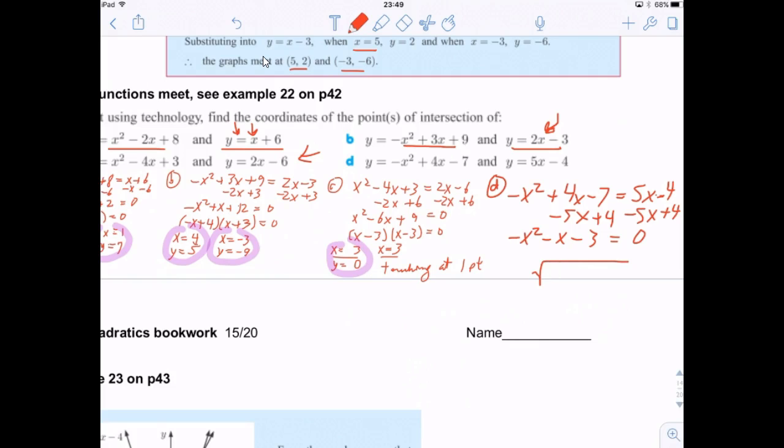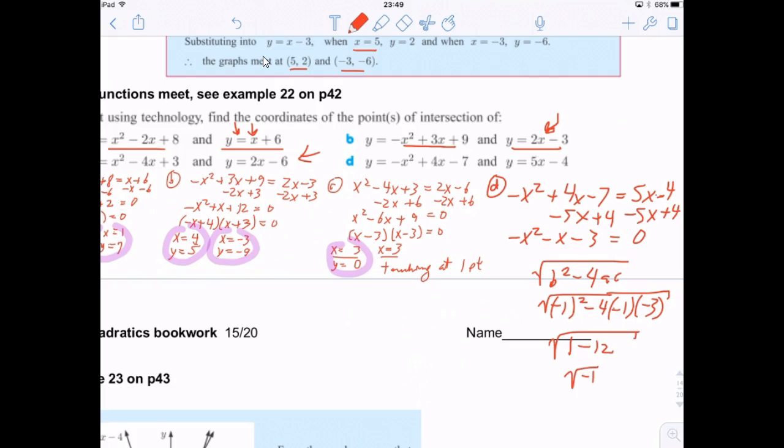I'm going to use the quadratic formula. So I'm going to use b squared minus 4ac to see if this is able to be factored. So I'm going to put negative 1 for b, minus 4 times negative 1 times c, which is negative 3. So this is going to give me 1 minus 12, which is going to be negative 11.